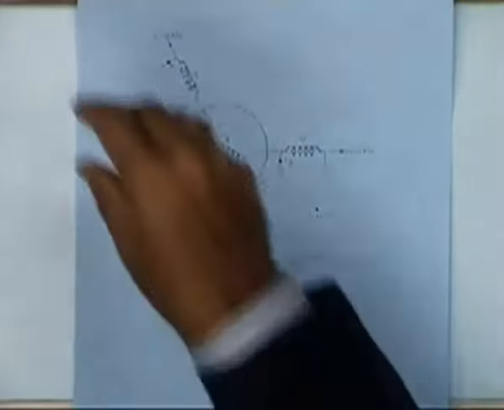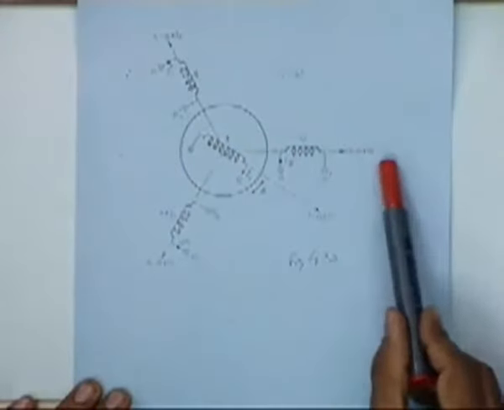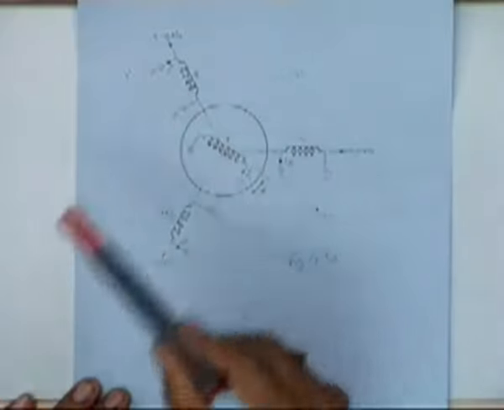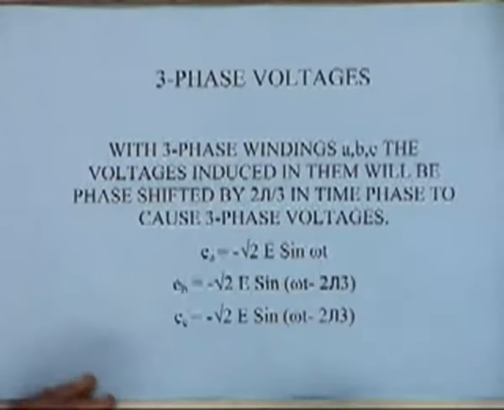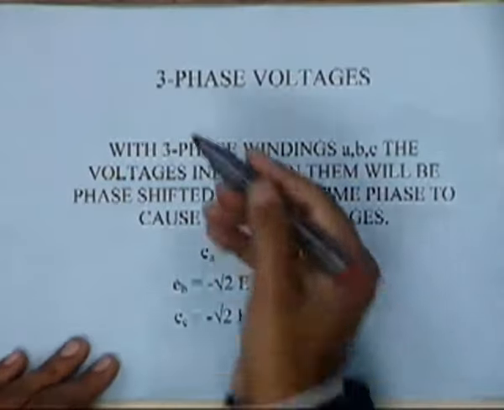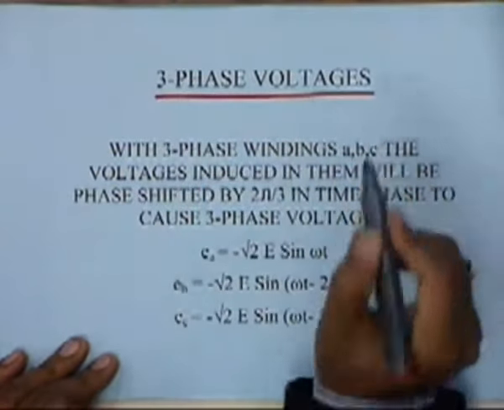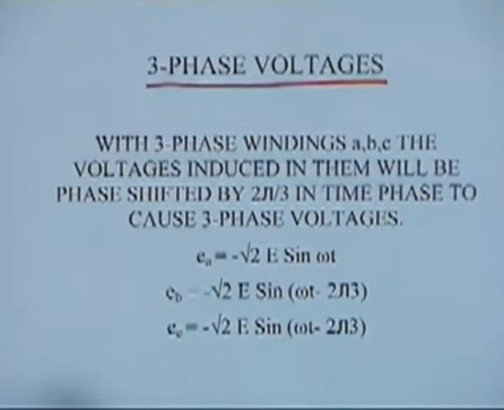We saw in the last lecture that there are 3 phase windings, and these 3 phase voltages will be induced. First A phase will be linked, then B phase, and then C phase. We can look at that situation by understanding the nature of the voltage induced for 3 phase systems.